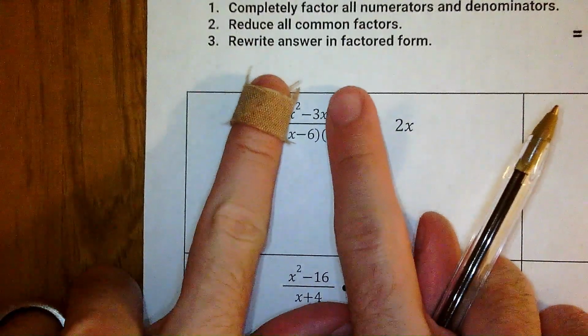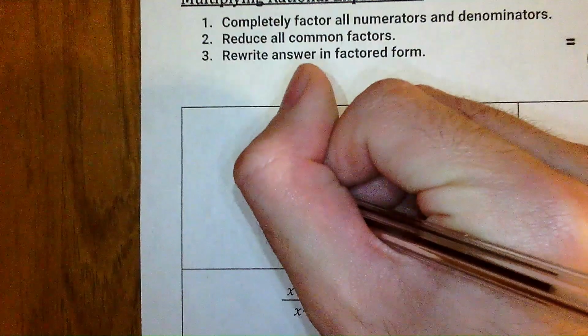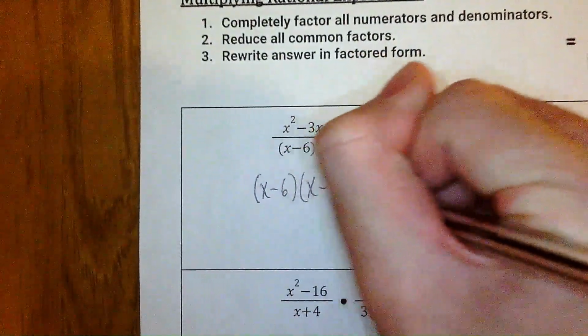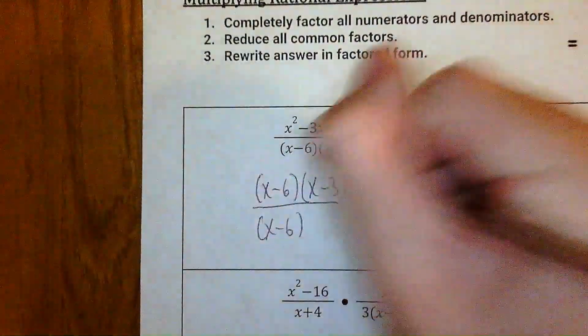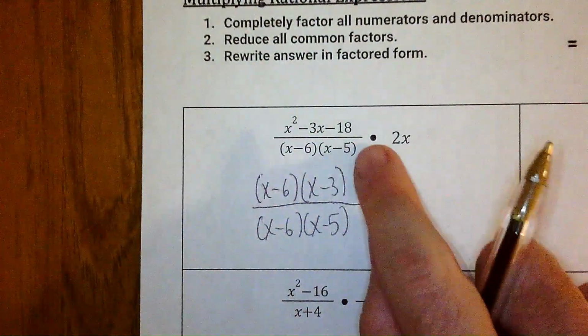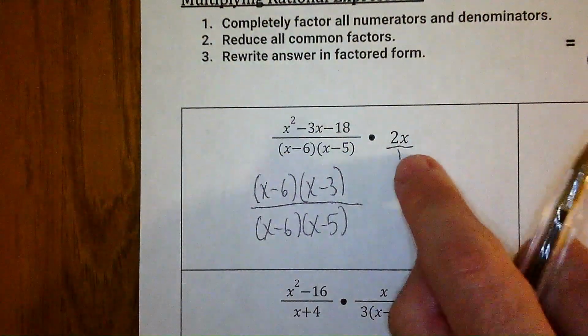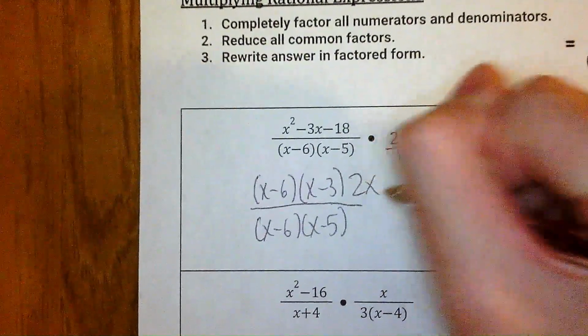Well, if we want them to add to negative 3, it's going to be the 6. So to factor that, we'll have x minus 6 times x minus 3. I've not changed my denominator, didn't need to factor that because it already was. And then if you have a multiplying by a constant, this is over 1, right? So we don't have to write the 1 down there, and the 2x goes on the top.